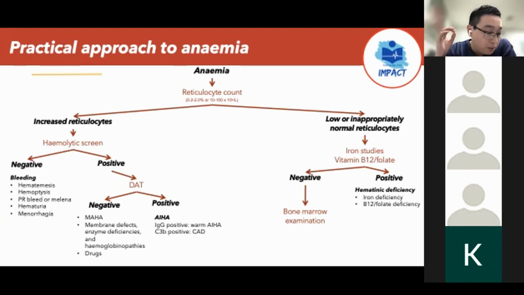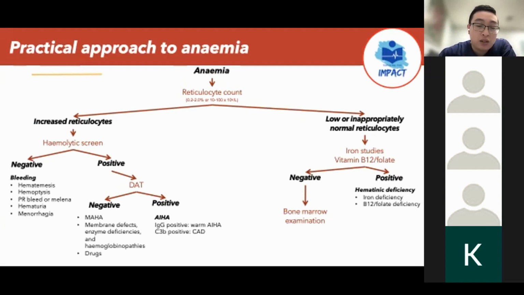Now, some people mentioned DAT. DAT is not technically part of the hemolysis screen. DAT, or the Coombs test, is used to distinguish, once you know that a patient is hemolyzing, whether the patient could be hemolyzing because of an immune mechanism or a non-immune mechanism.